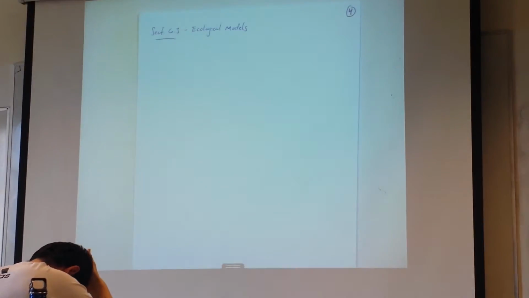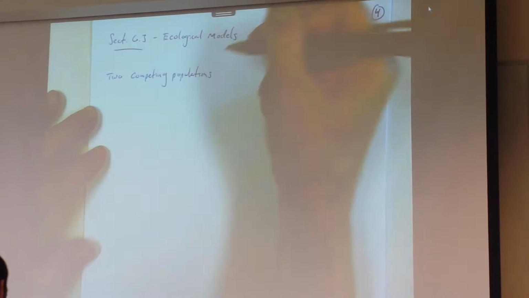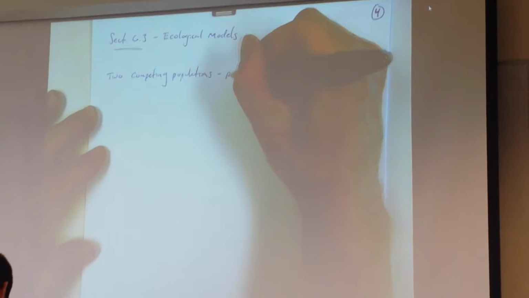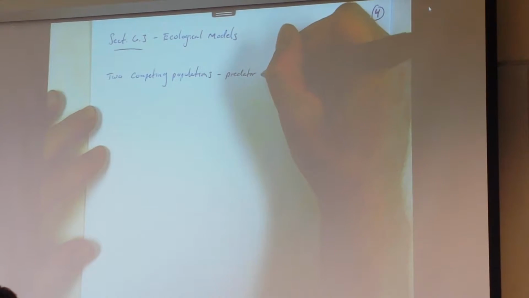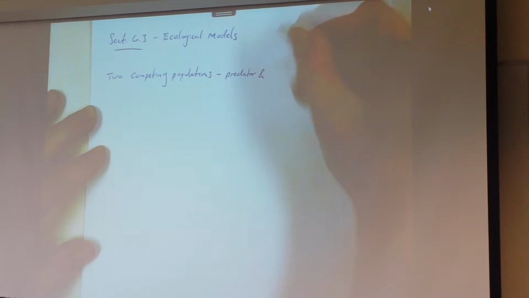All right. So one thing we're going to look at as far as an application is ecological models. So population models, population of two sort of competing species. So say we got two competing species or populations. One is a predator population, and the other is its prey.